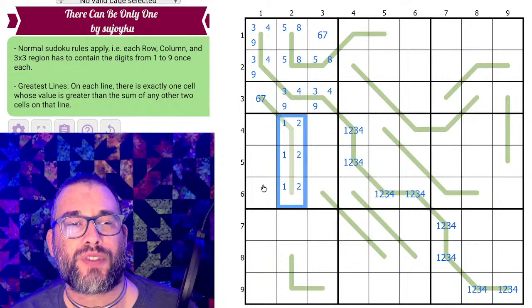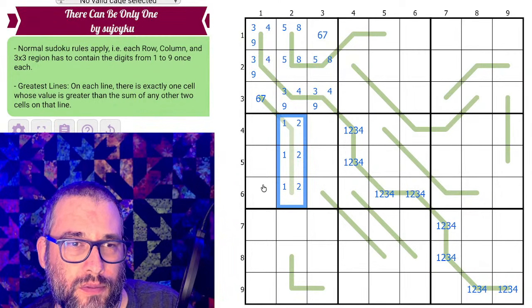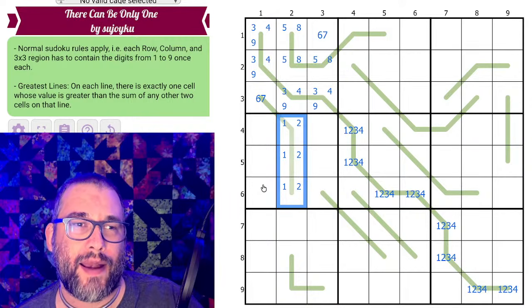Well, these do still have to include a 1 and a 2. I guess they're from 1, 2, 3, 4, 9.